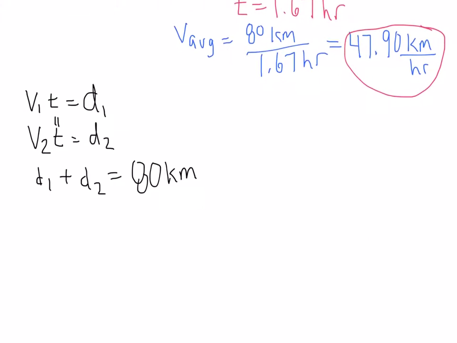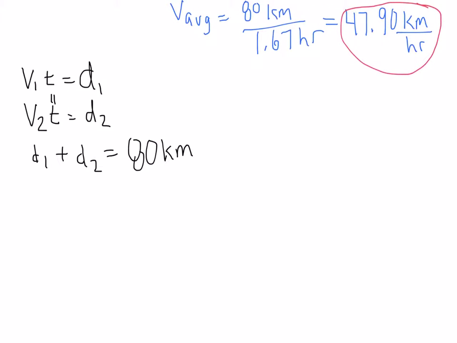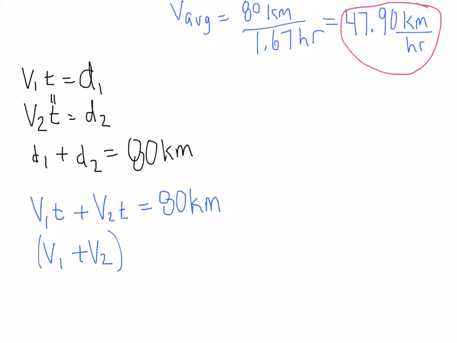So what I'm going to do is add these two together. I'm going to say the first velocity times that time plus the second velocity times that same time is equal to 80 kilometers, that total distance. So let's substitute in. We get v1 plus v2, and I'm going to factor out that t, is equal to 80.